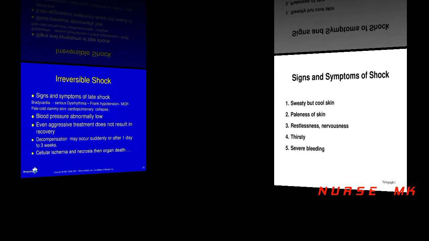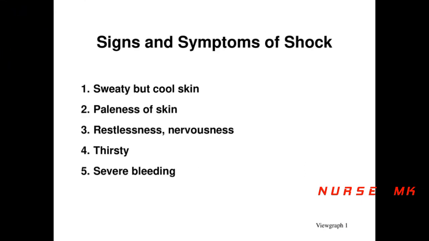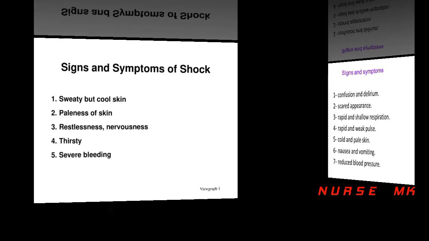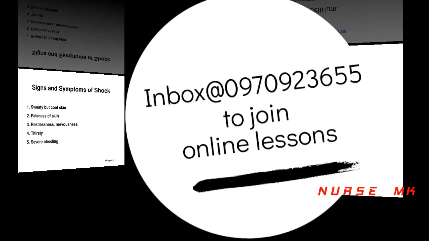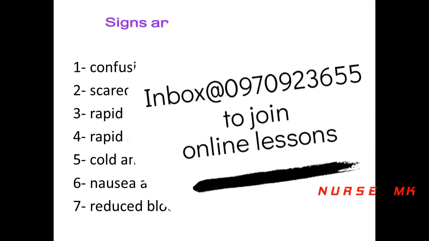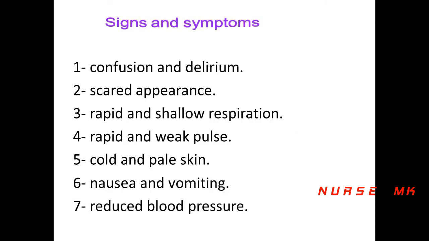The clinical manifestations of shock. 1. Hypotension. Hypotension is low blood pressure which comes about due to a drop in the blood volume. Body weakness due to poor tissue perfusion.